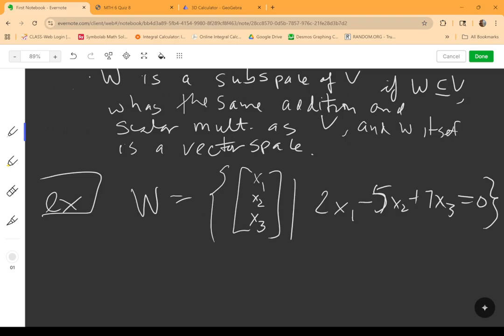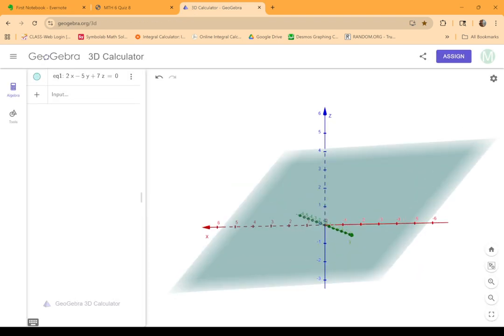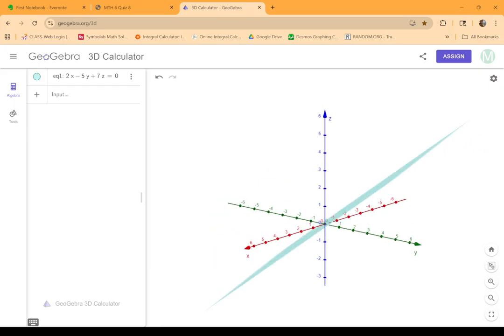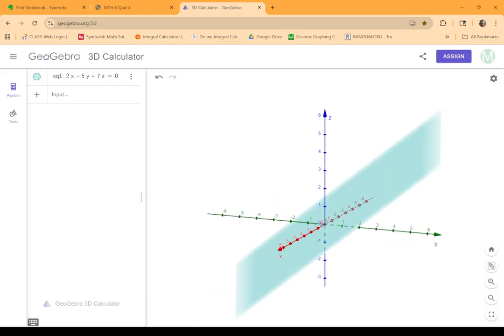Just to get a visual of what we're looking at here, the column vectors are in R3, our Euclidean space, and that equation is the equation of a plane. We can clearly see that it is a subset. It lives within R3.